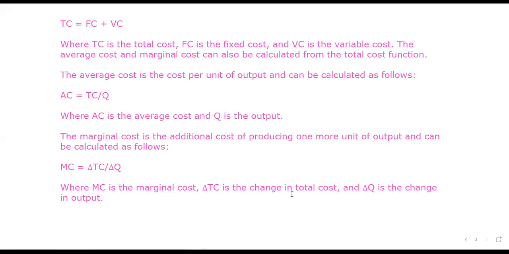When we divide our fixed cost by quantity, we call this our average fixed cost. When we divide our variable cost by quantity, we call that the average variable cost. Anything divided by quantity is called average.